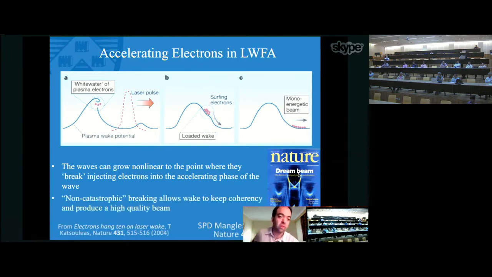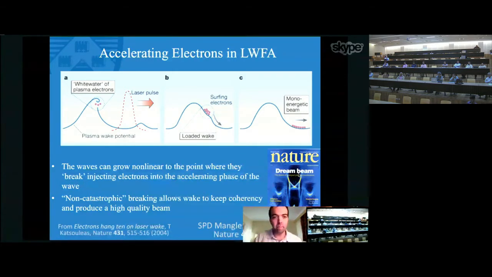And it's important to do this slowly if you want the quality of the electron beam to be high. If you drive these wake fields with too high intensity or too quickly or too high plasma density, you end up with multiple positions of wave breaking in multiple buckets, and you end up with either a spiky spectrum or indeed a thermal spectrum.